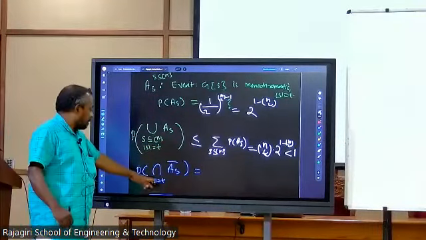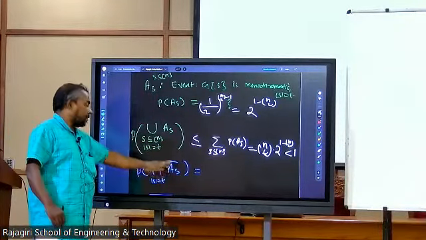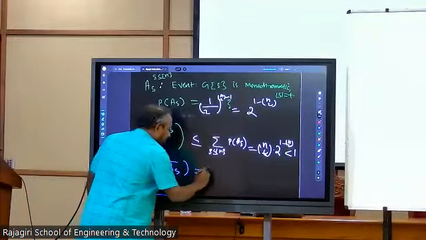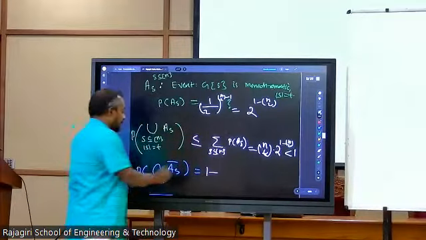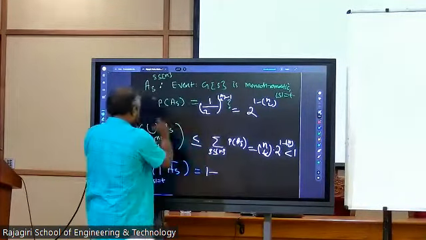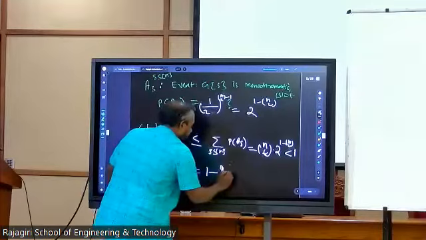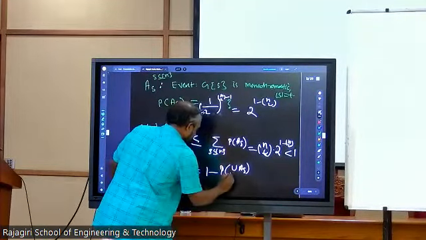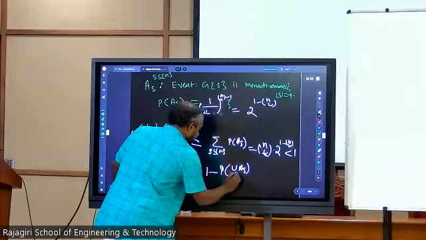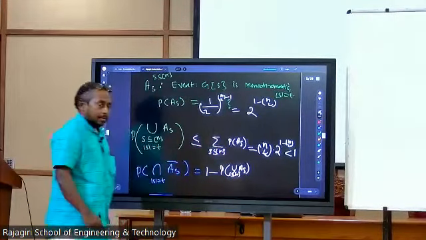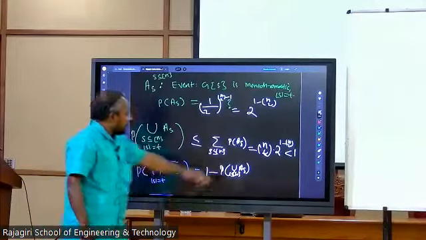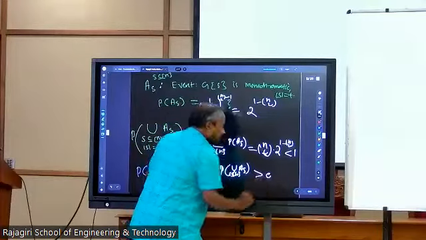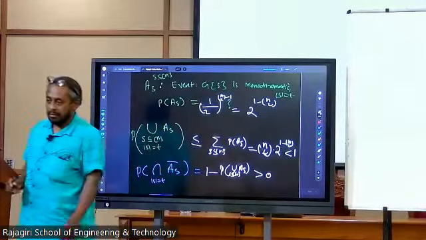This is equal to 1 minus the probability of the union of A_S, where the union is over the T element subsets of n. But since that probability is strictly less than 1, this difference is strictly greater than 0.